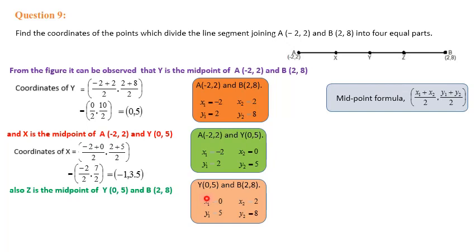From there x1 is 0, y1 is 5, x2 is 2, y2 is 8. Substituting, the coordinates of Z are (0 plus 2) by 2, (5 plus 8) by 2, that is 2 by 2, which is 1, and 13 by 2, which is 6.5. That is the coordinates of Z.